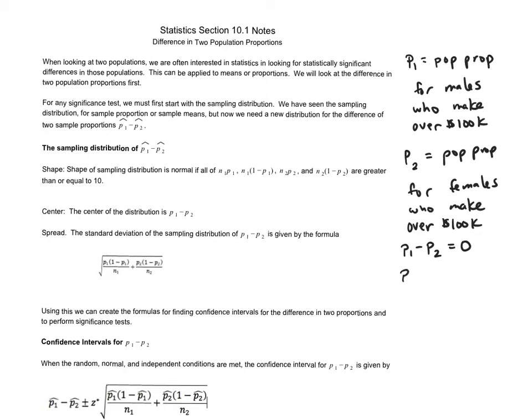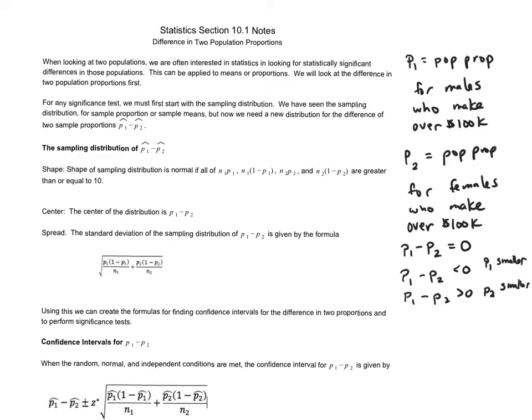If I subtract P1 minus P2 and I get a number that's less than 0, then that means P1 was smaller. And if I do P1 minus P2 is greater than 0, then I know P2 is smaller. So what we're trying to do is figure out what is the difference between these two parameters.